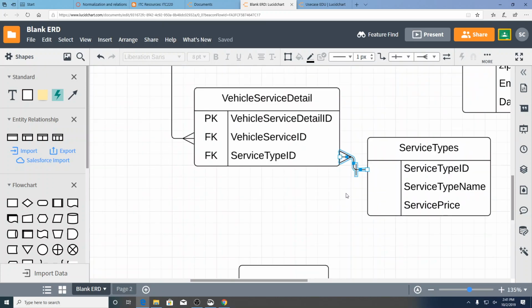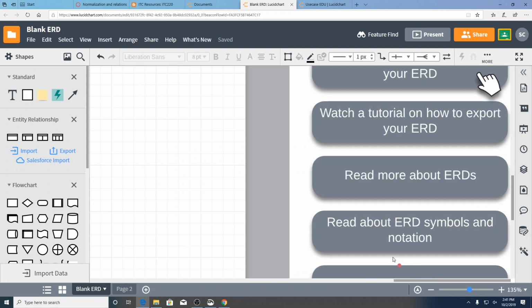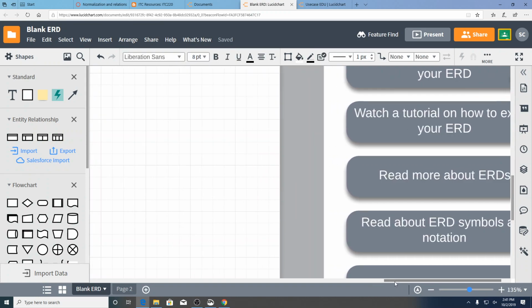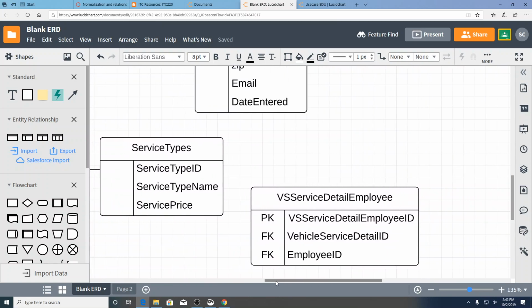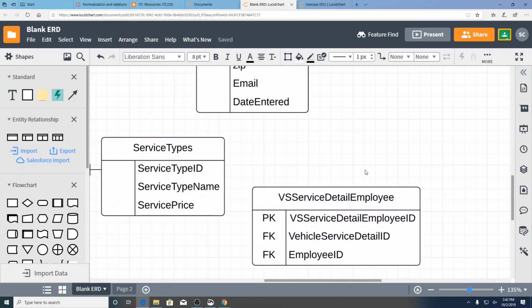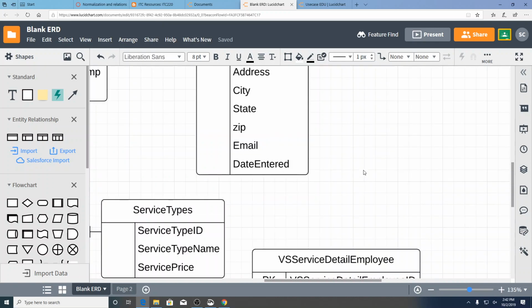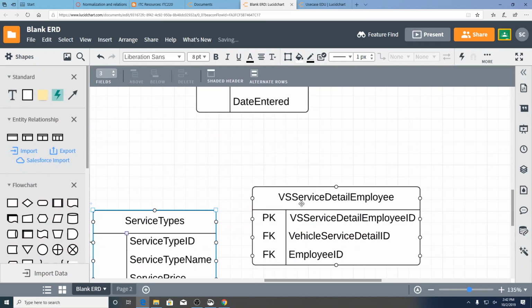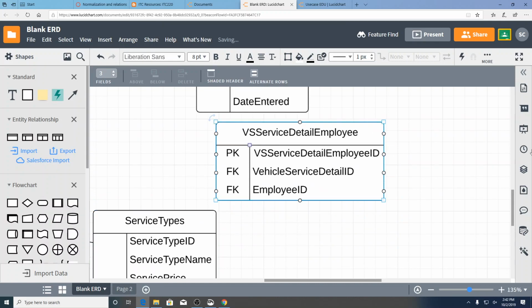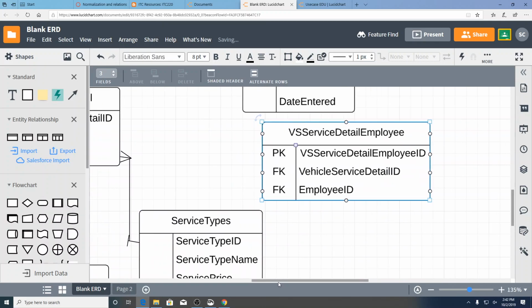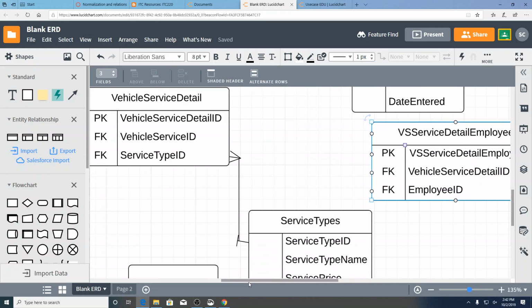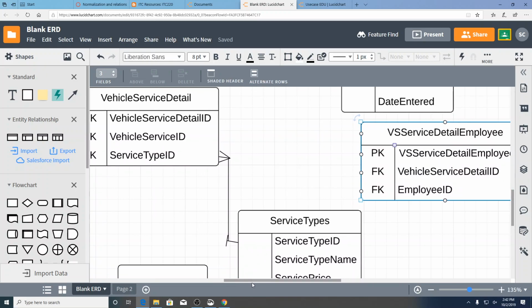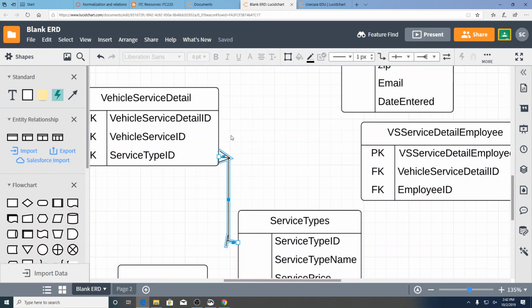And there's one other, whoa, where did it go? And then the detail with the employees. So I'm going to move that down, try to move this up a little. So vehicle service detail ID is the foreign key. Whoa, what did I do there?